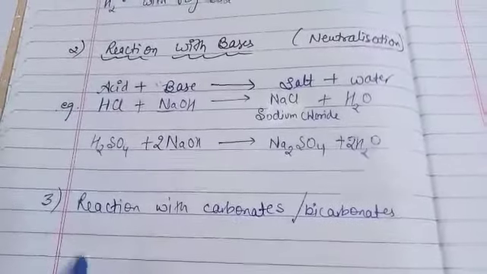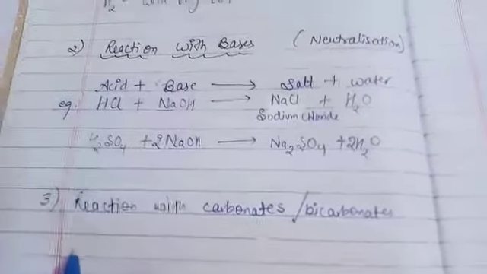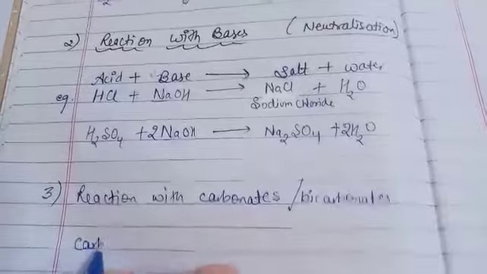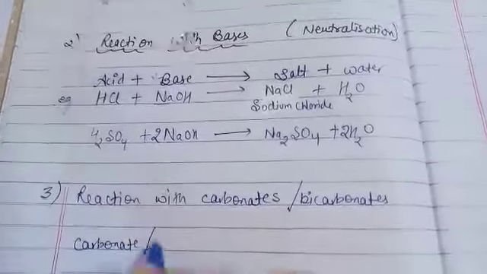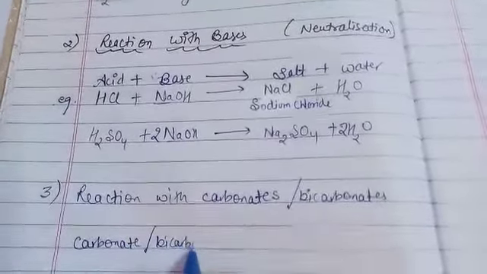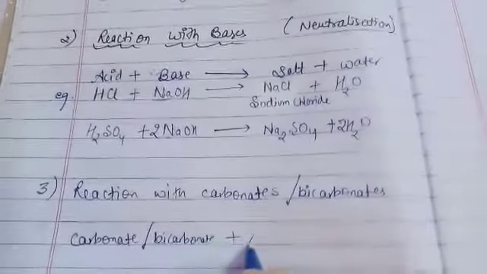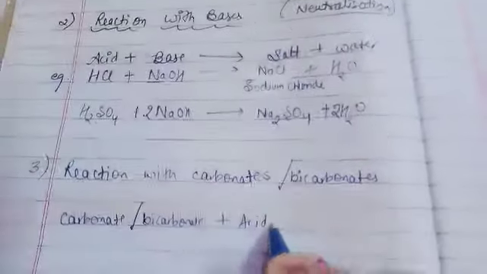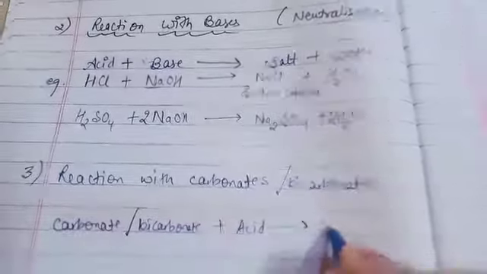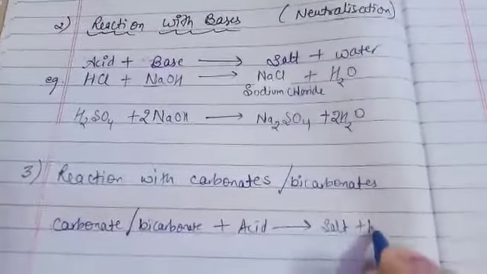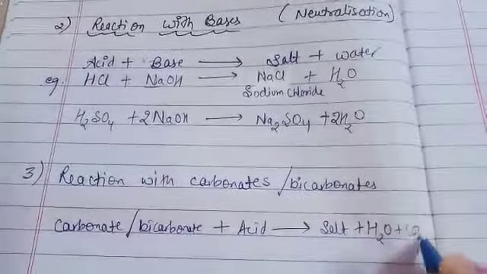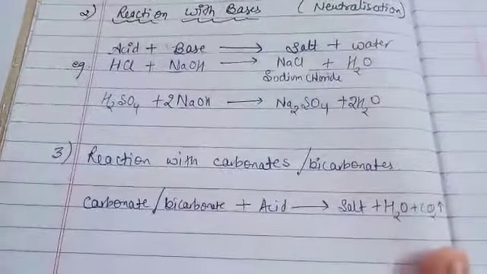Whenever a carbonate or bicarbonate reacts with acid, it always gives salt plus H2O plus CO2 gas evolved. Water and carbon dioxide gas evolved.